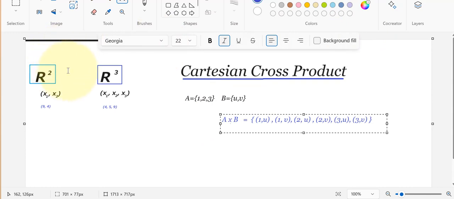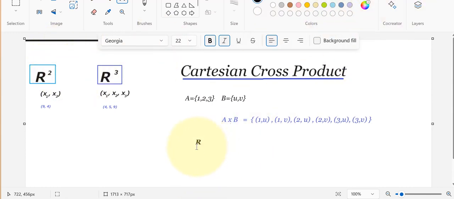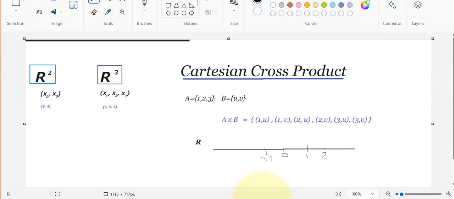So what does it have to do with this? Well, we all know what we mean by the real numbers, and we usually denote that with an R. We mean all the numbers on this line, all the real numbers. That can be 1.2 or 1.8 or the number pi or the square root of 2.